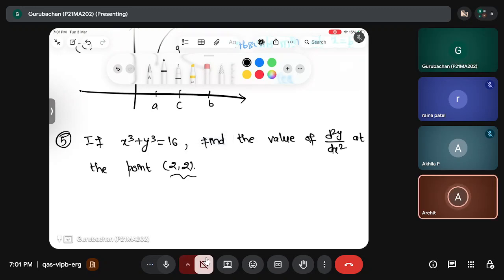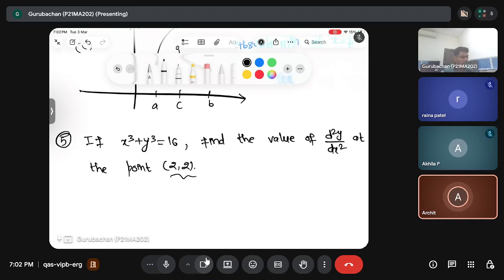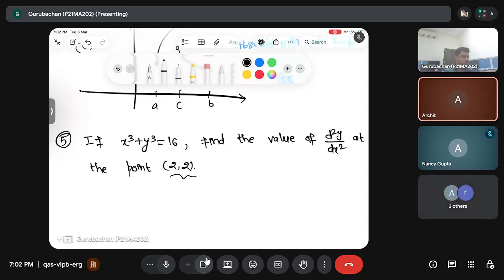Sir, is this an implicit function or an explicit function, sir? You tell me. Sir, I think it's an explicit function. Okay, it is an explicit function.